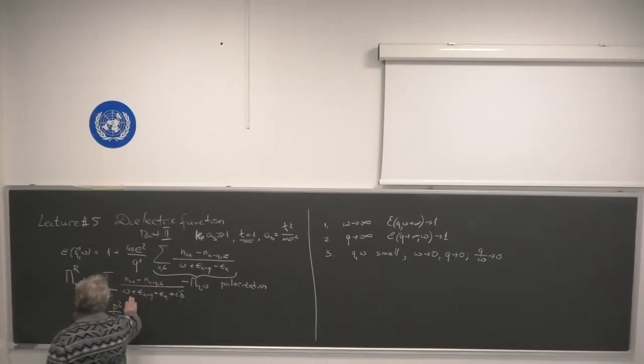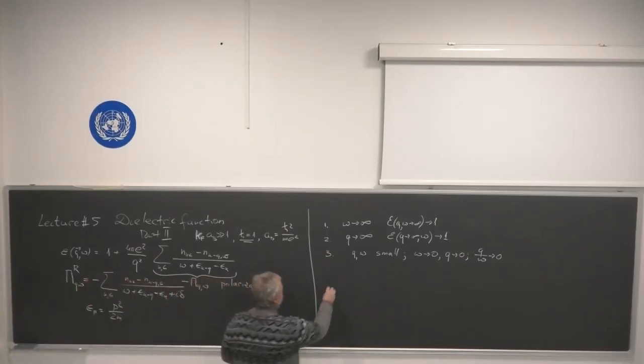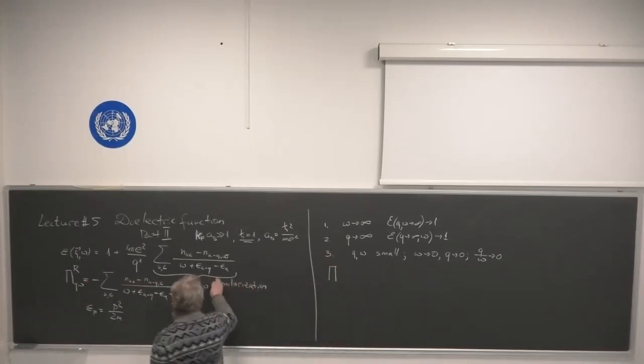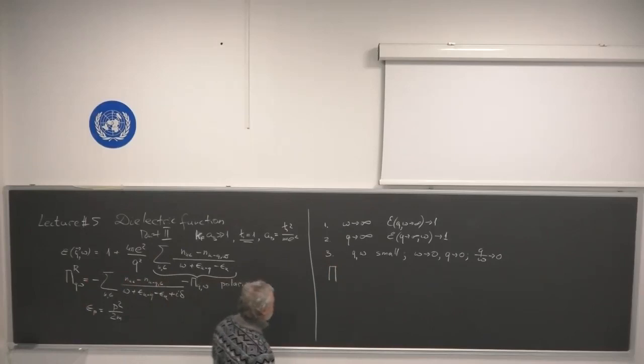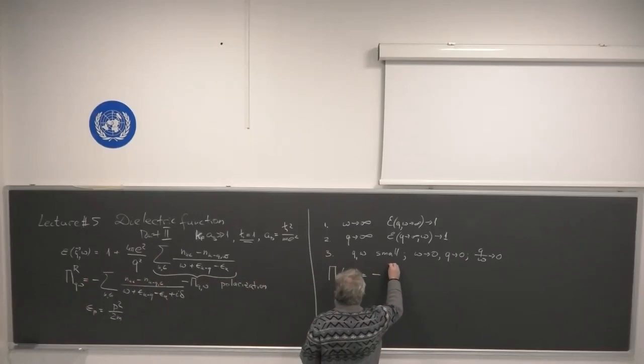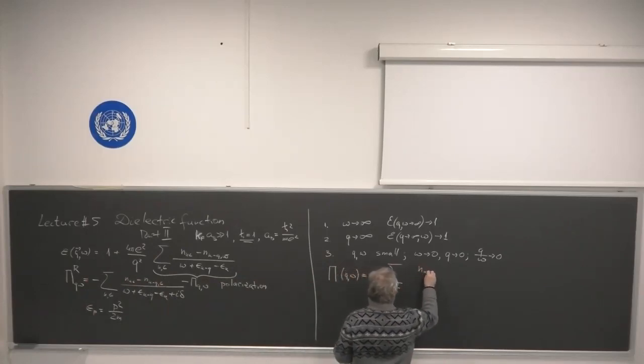Okay, let's start with discussing the polarization operator. So P, since I'm interested in the real part of P, from now on I will remove i delta and I will remove the index R. P(q, omega) is equal to minus the sum over k sigma. Let me write these two terms separately.